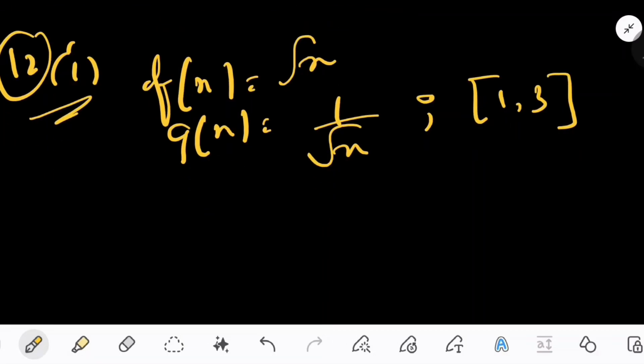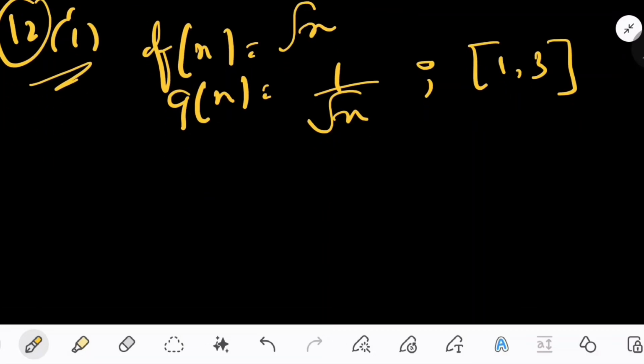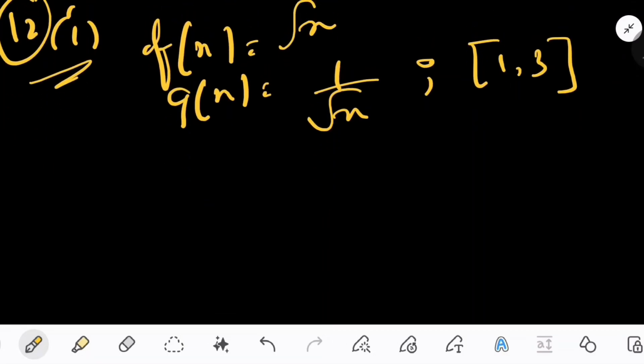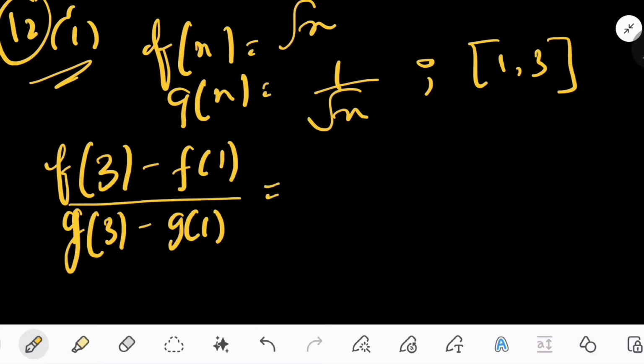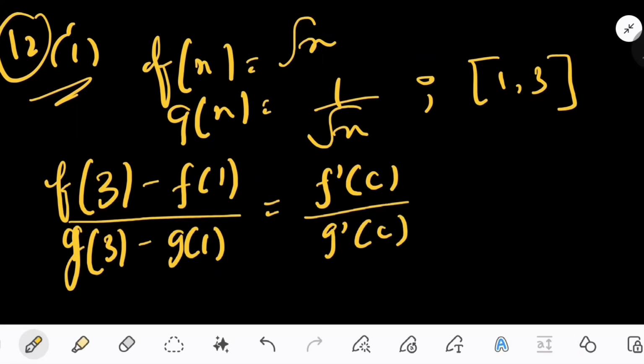This is the question. It is very simple actually. What you can do is f of 3 minus f at 1 upon g at 3 minus g at 1. You have to apply Cauchy mean value theorem, nothing else. f dash at c by g dash of c.